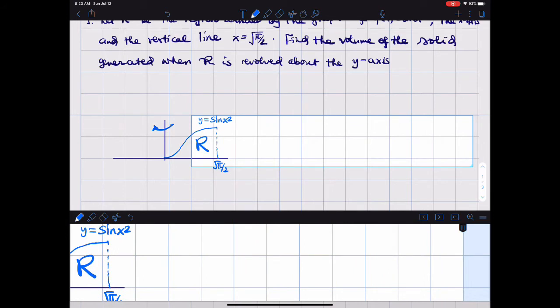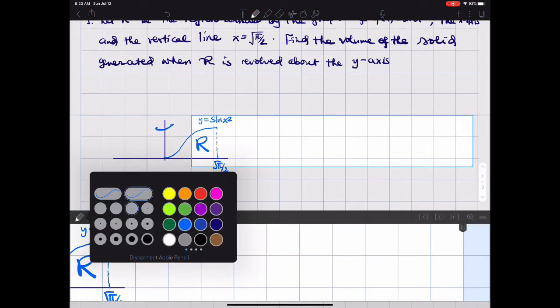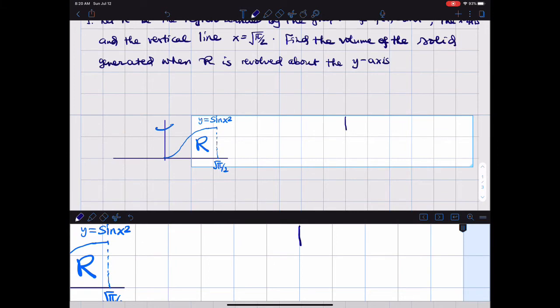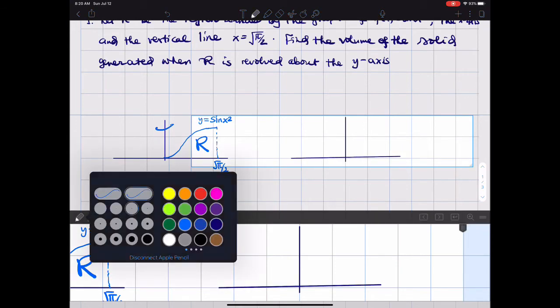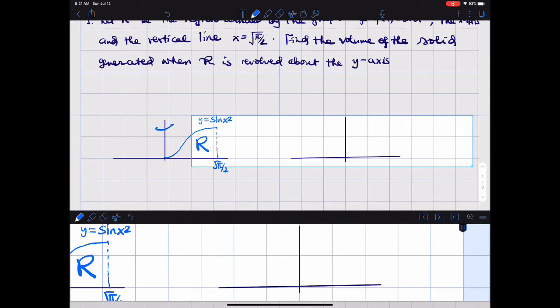And if we do that, what do we end up with? Let's do this. We end up with something like this. A nice solid.